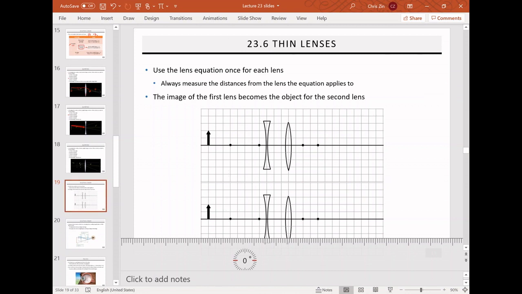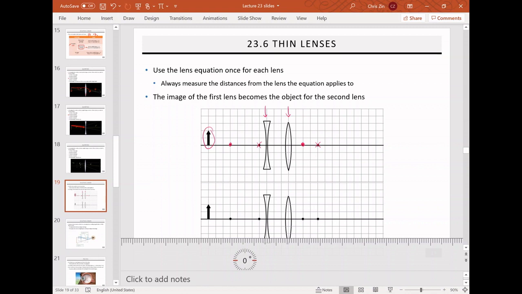In this figure, I have an object, I have a diverging lens, and I have a converging lens. The focal points for the diverging lens are located here and here. And the focal points for the converging lens are located here and here.